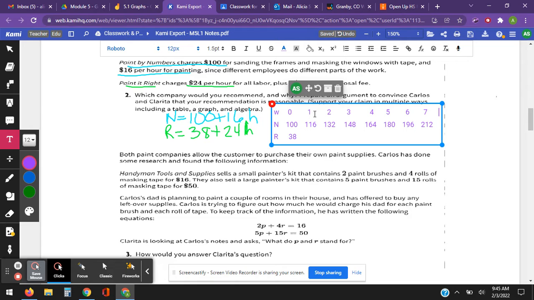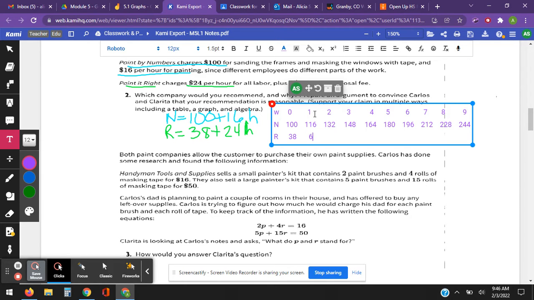And 8 is another 228. 216, yeah, 228. And let's just do 9. We got a little more space here. 9 is another 244.